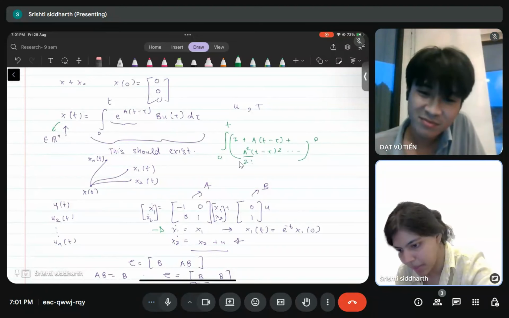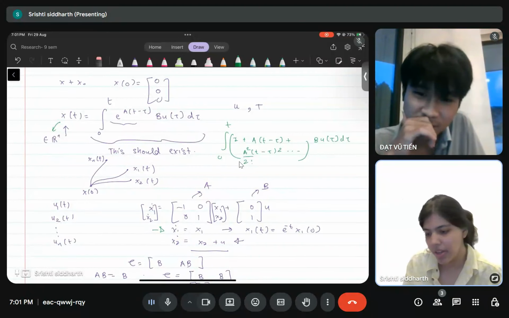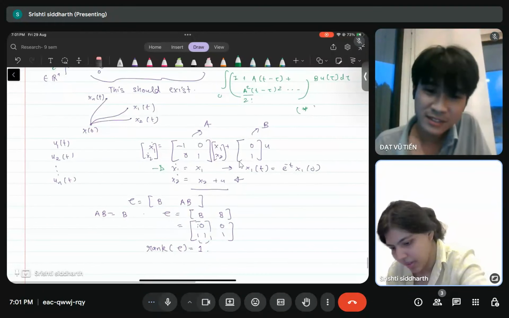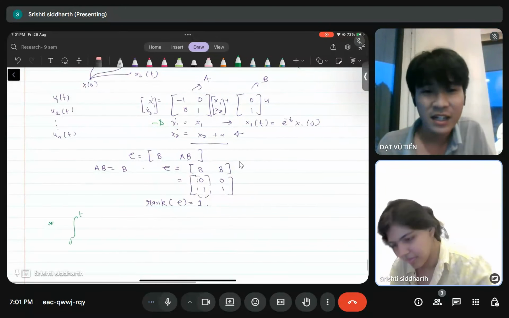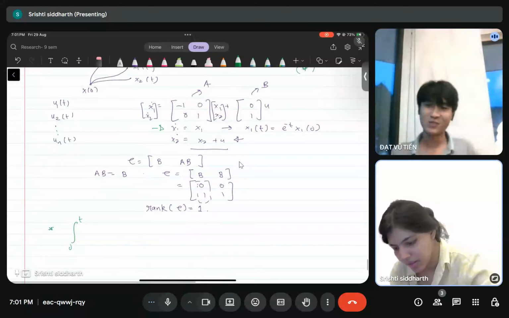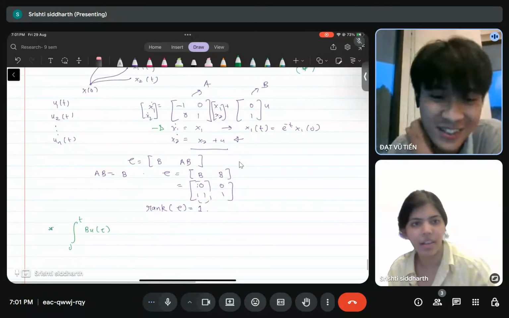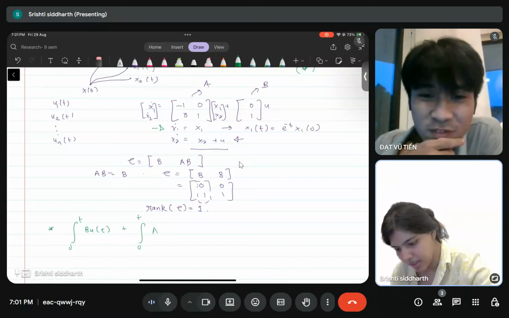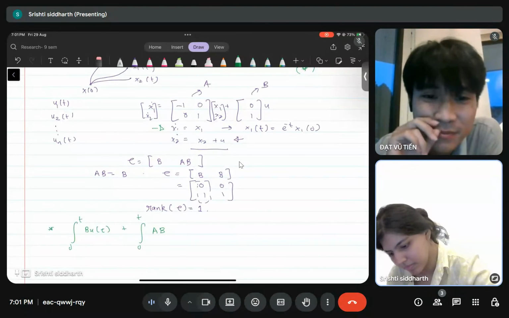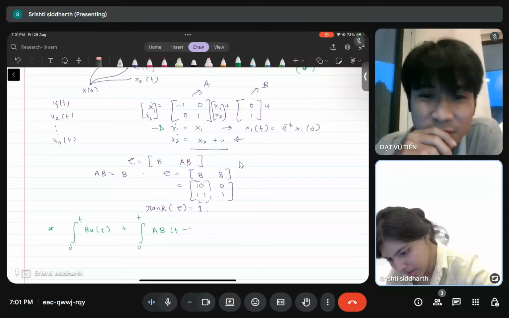This whole multiplied by B, whole d tau. So now you can actually see, right? Why that is the Kalman test. So first one is AB, T minus tau, d tau.